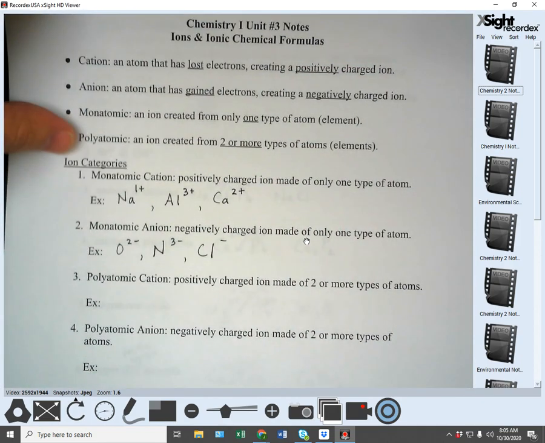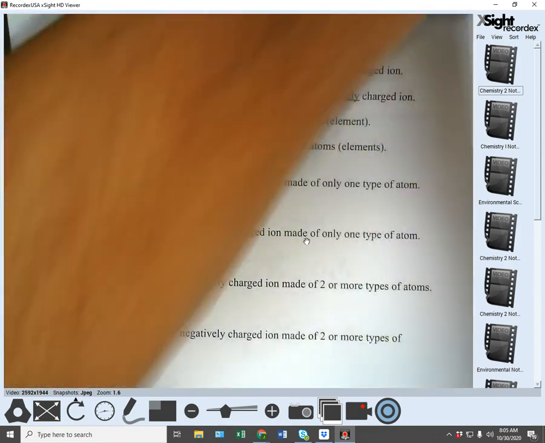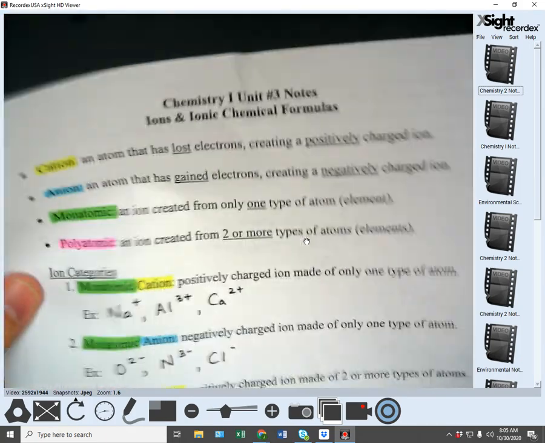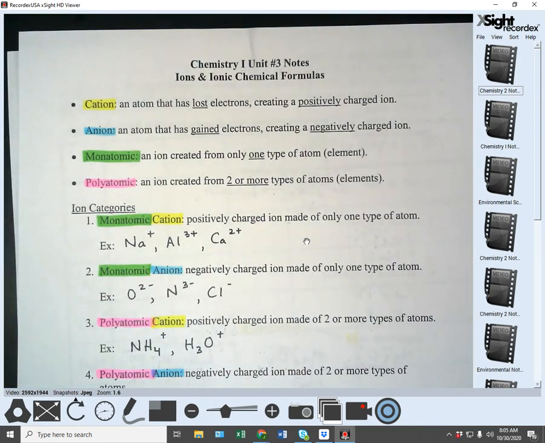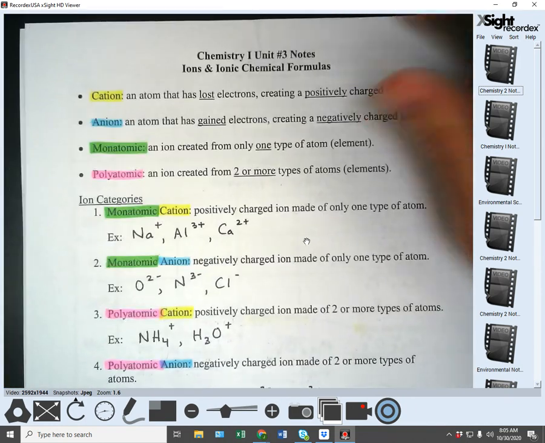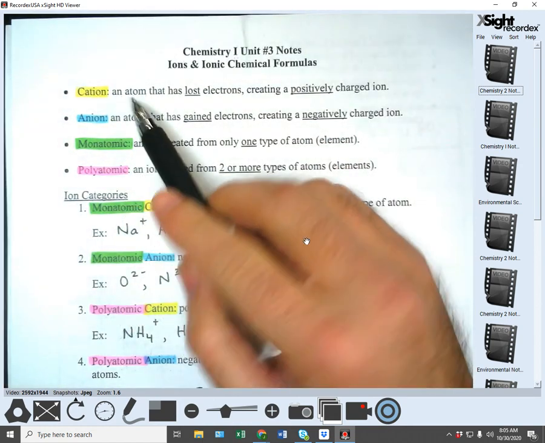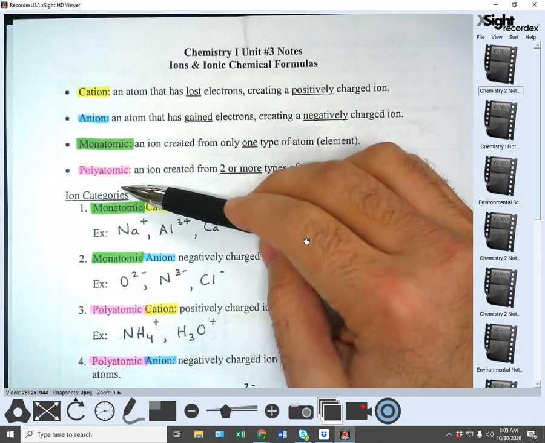I'm going to switch this so you can see. What I've done here is I just highlighted the four terms here: the cation, anion, monatomic, and polyatomic.